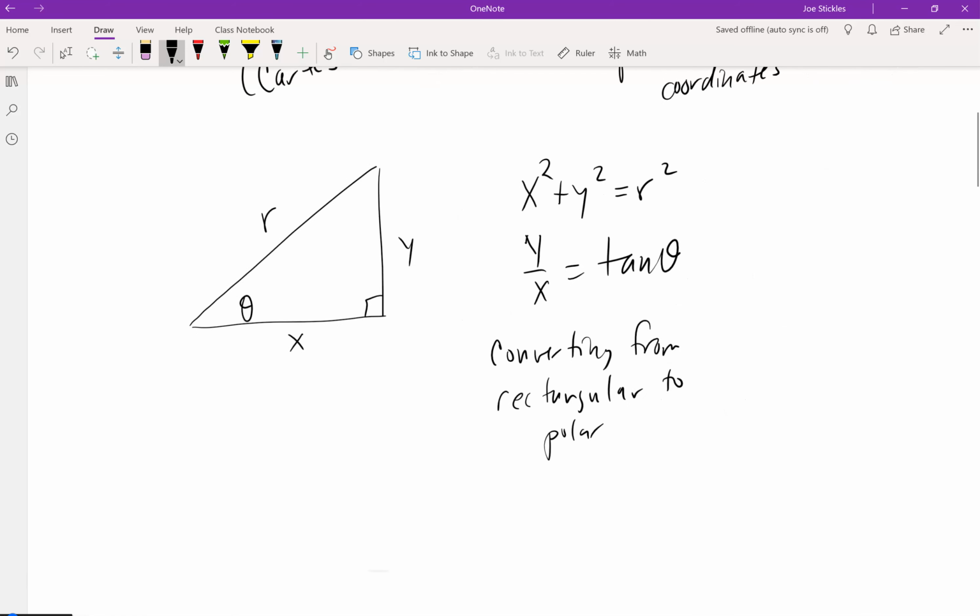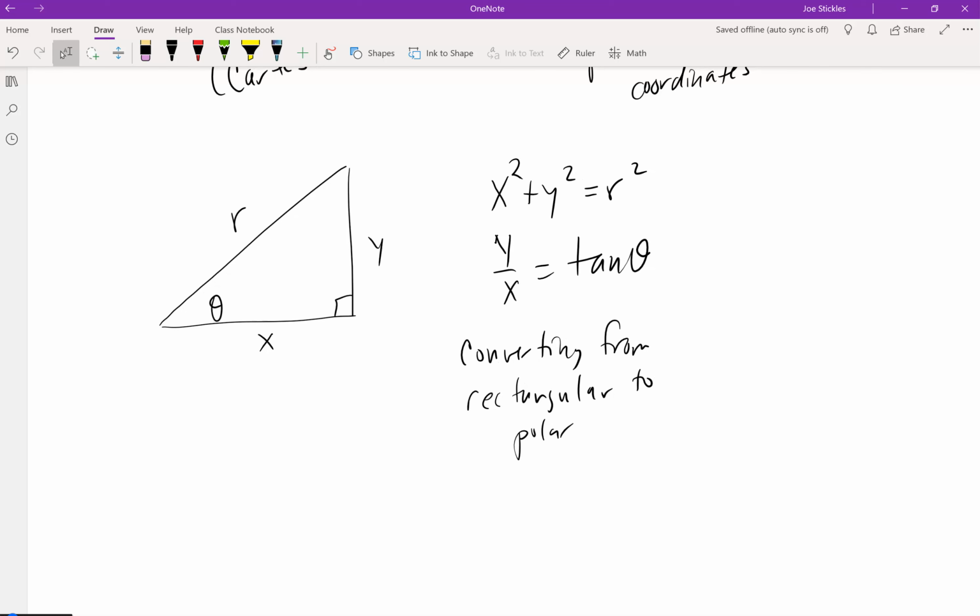All right, I told you there were 4 of these, so let's see if we can figure out what the other 2 are. So these want to go from converting from polar to rectangular. Again, we're going to do this 3 at a time, ignoring the 4th one. Let's look at r, theta, and x. x is the adjacent side of theta. r is the hypotenuse of the right triangle.